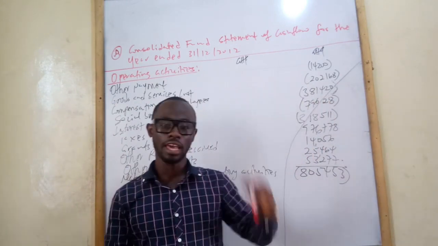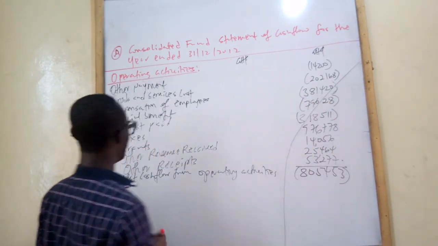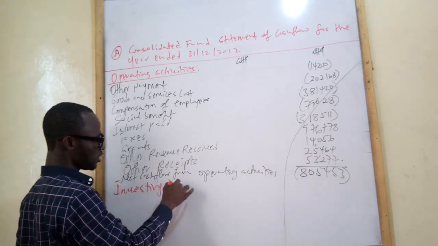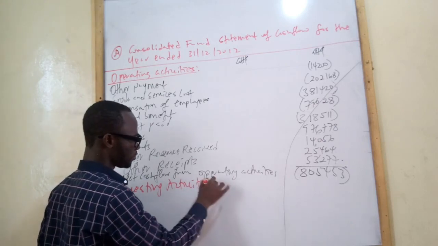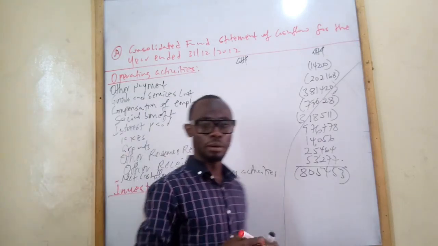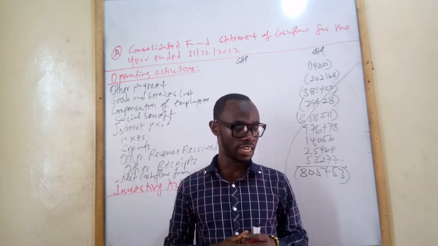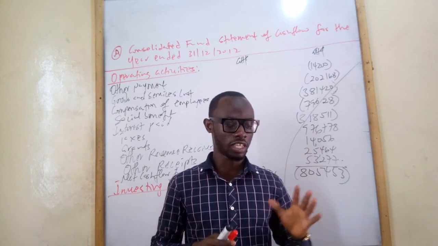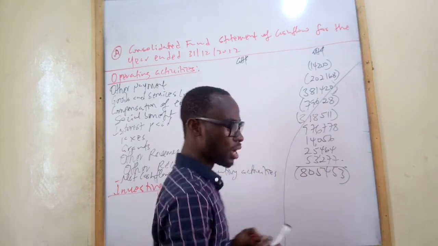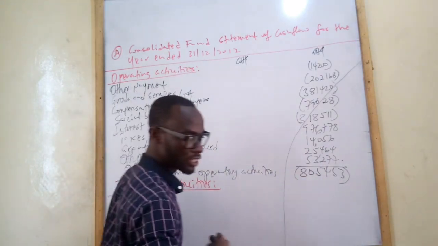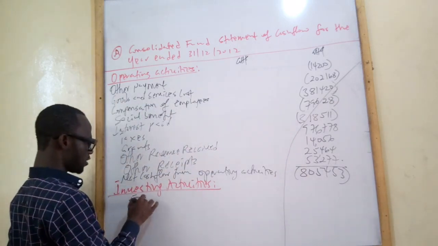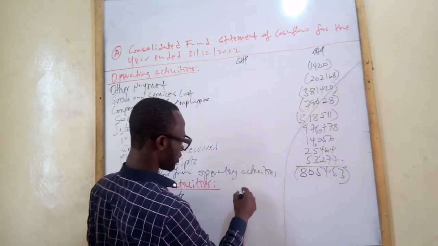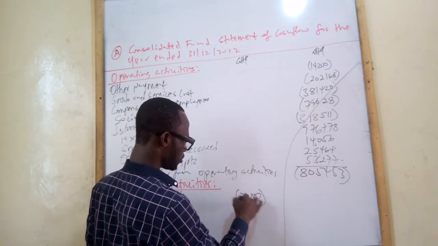Then we come to the next aspect, which is going to be investing activities. Now, you remember all the things that are treated under investing activities from your format? All the things that we bought in terms of long term is going to come here. So, investing activities, we're going to bring the fixed assets here. And the fixed asset is purchases, so 20,000 cash outflow.